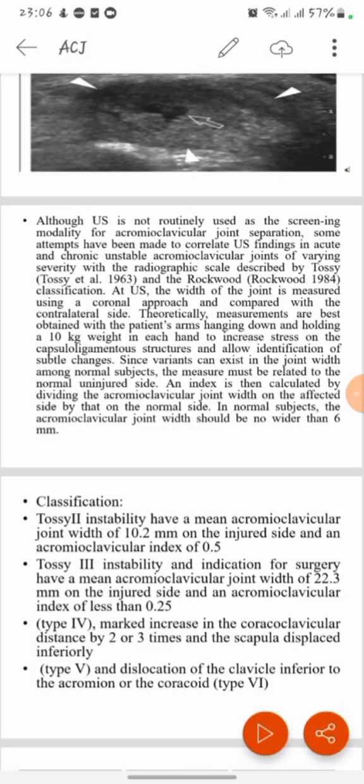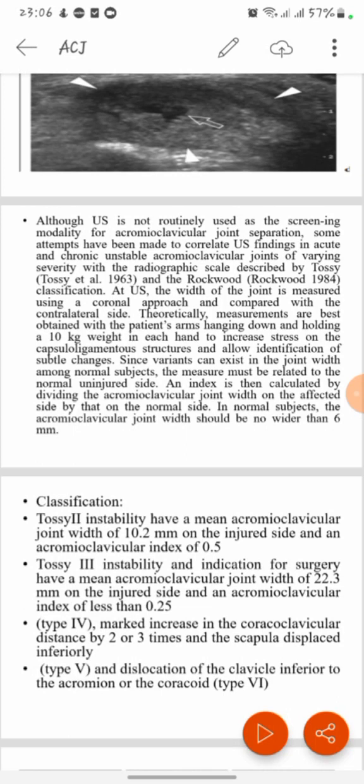Simply, the width of the joint is measured using a coronal approach and compared with the contralateral side. Theoretically, the measurements are best obtained when the patient's arm is hanging down, holding a 10 kg weight in each hand to increase the stress on the capsuloligamentous structures and allow identification of subtle changes, since variance can exist in the joint width among normal subjects.